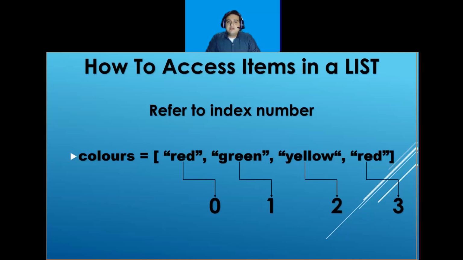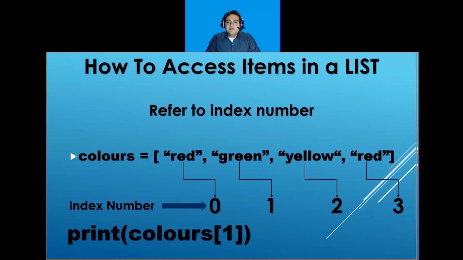If I want to print the specific element green, I have to refer to the index number 1. So while printing the list in square brackets, I will refer to the index number 1. This print statement will give me the output green.